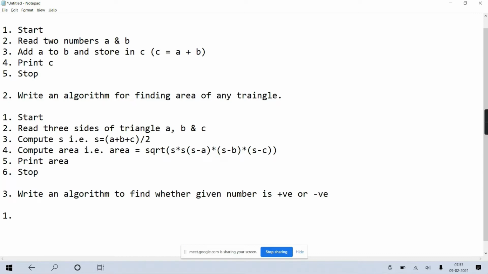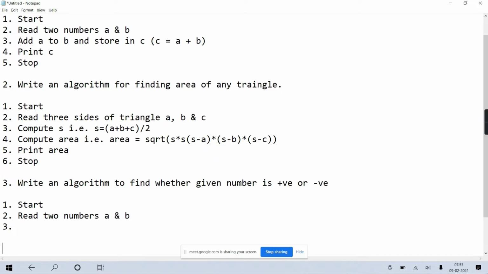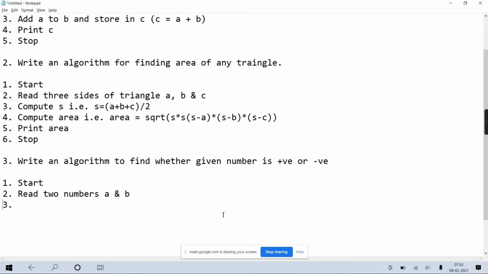So first I'll give the logical start to tell that the algorithm is starting. Then I'll accept two numbers, A and B. Okay, now we'll check whether A is... sorry, we don't have to accept two numbers, only one number, no?